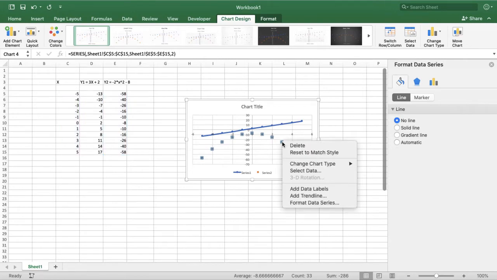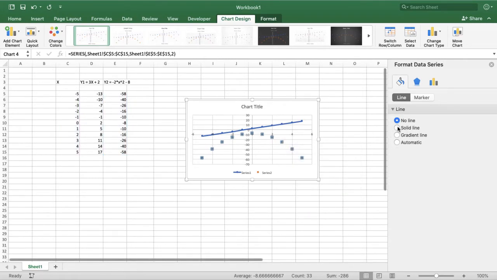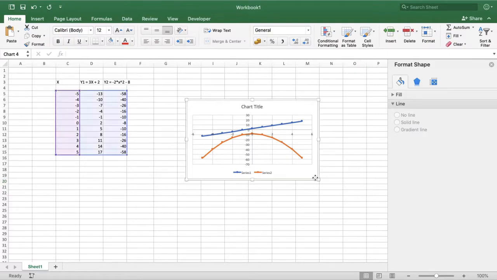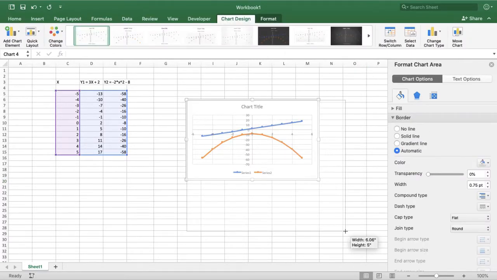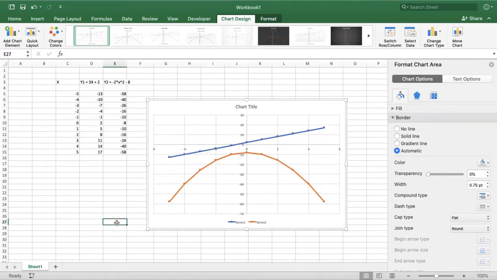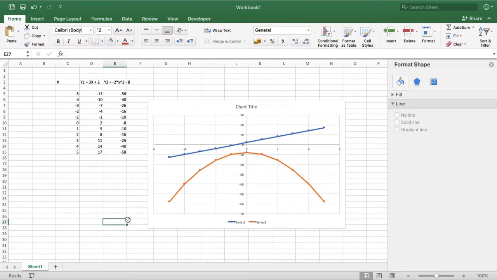And how about this one? Solid line 2. Change the color to orange. Now that's a big problem. Because the set of points never meet. So kung sagutin natin yung problem na binigay sa atin, there is no meeting point between the two set of points.